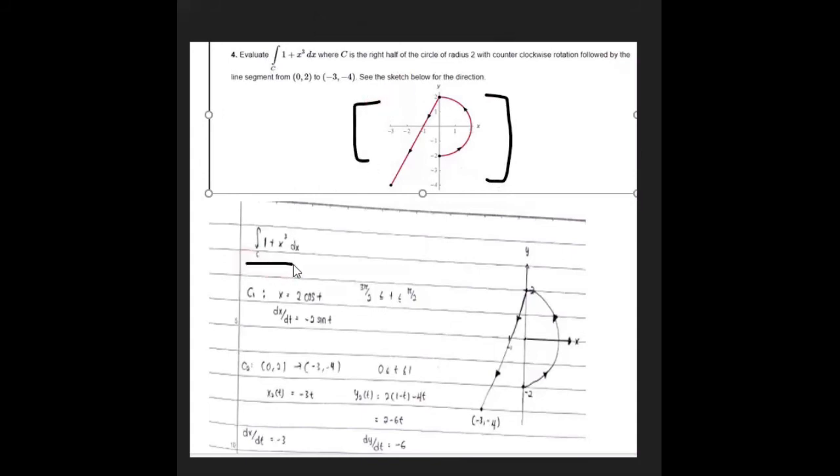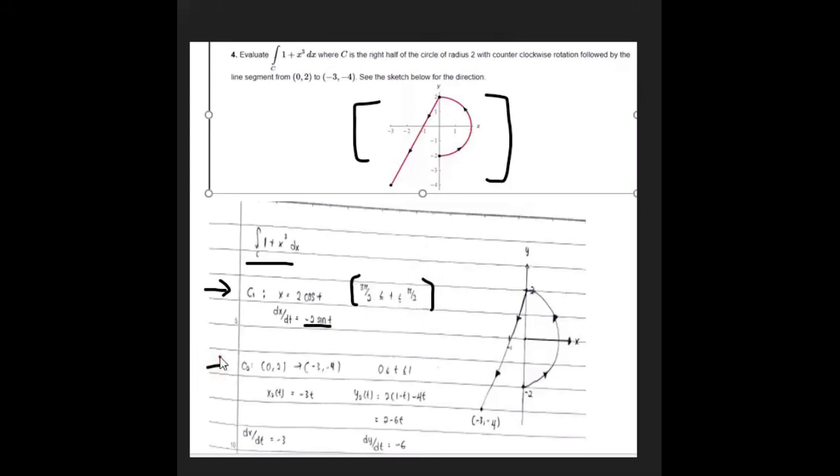As the equation is given, the integral of 1 plus x cubed dx, we want to find C1: x equal to 2 cos t, and dx over dt we get -2 sin t. The range of t for C1 is 3 pi over 2 to pi over 2.